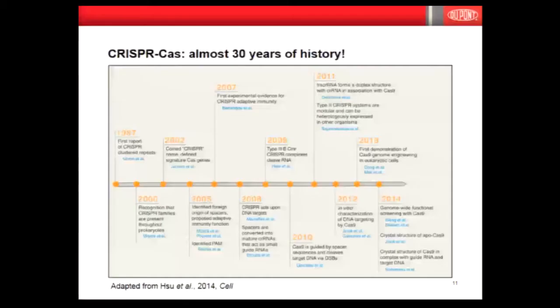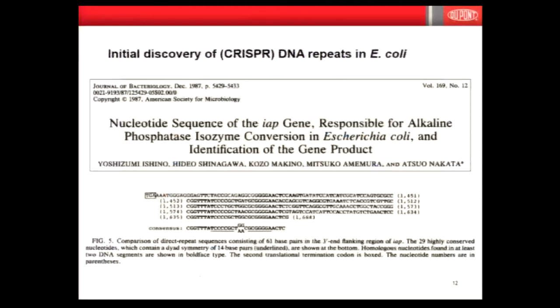It started actually in 1987 when a Japanese team found, I would say randomly, some repeats at the end of one gene. And so they saw those new repeats that were unknown at that time, and they tried to study those repeats.